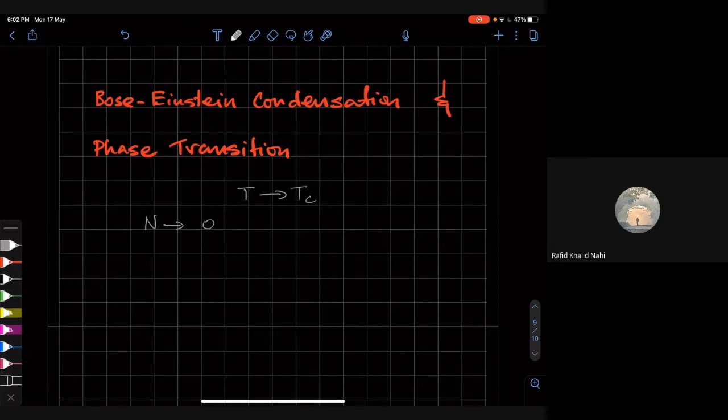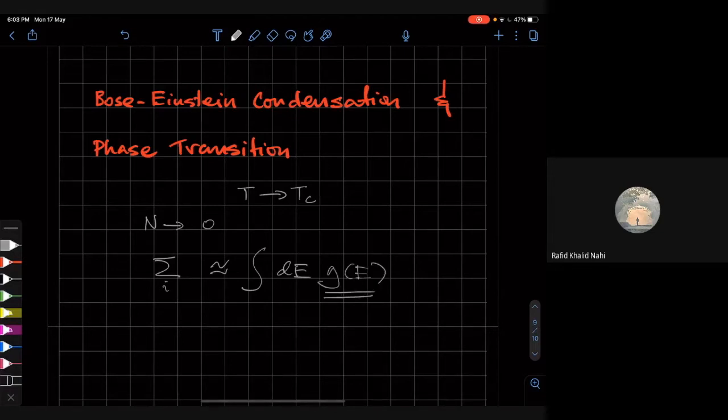And we found that this unphysical result came from the approximation that we did, where we took the sum in the partition function and approximated it as an integral.